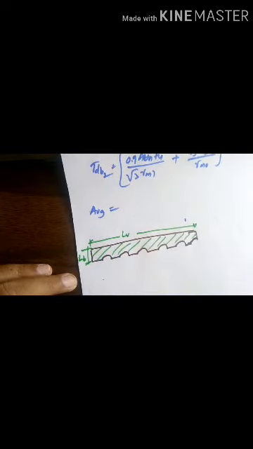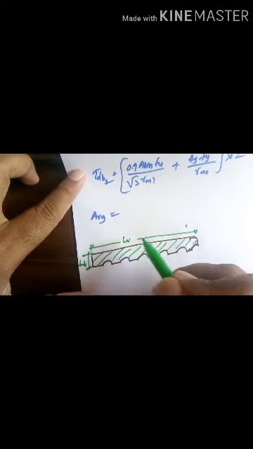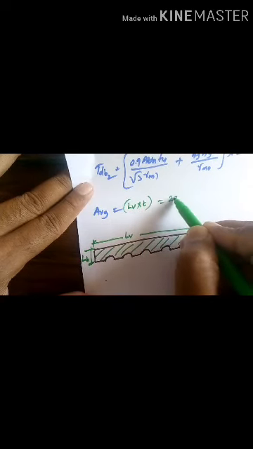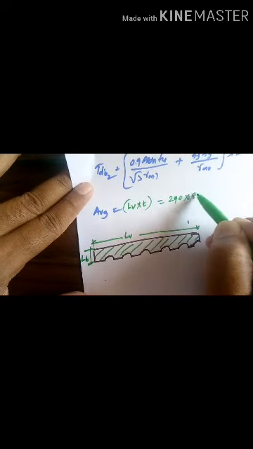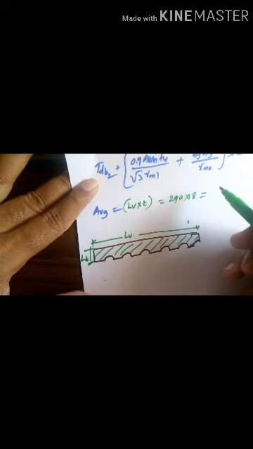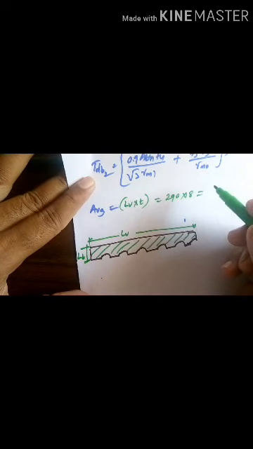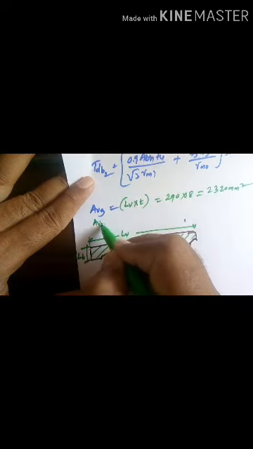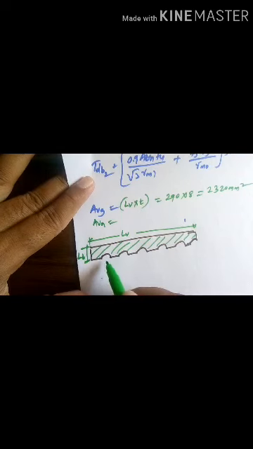I hope you understood this. Then Avg will be Lv into t, that is 290 into 8, so you get 2320 millimeter square.